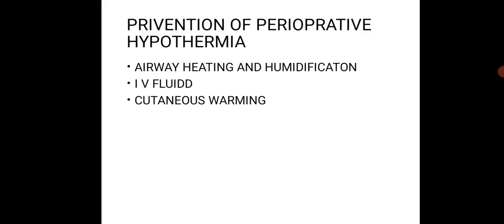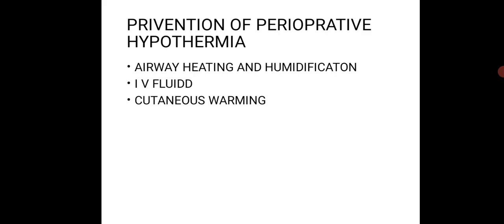Increasing room temperature is one of the ways to minimize heat loss, but room temperature exceeding 23 degrees centigrade is required to maintain normothermia. The easiest method to decrease cutaneous heat loss is to apply insulation to the skin surface.